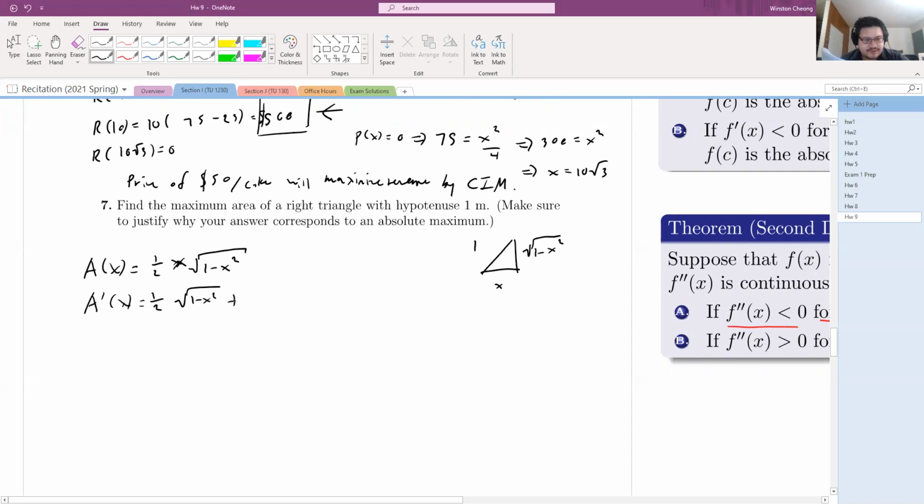So let's just do that product rule. x, and then 1/2 radical 1 minus x squared multiplied by a negative 2x. I'll put that in parentheses. Okay, so we can certainly cancel that, but then nothing much happens to this. This is where I want to say, do a little bit of algebra. Can I just say do a little bit of algebra?